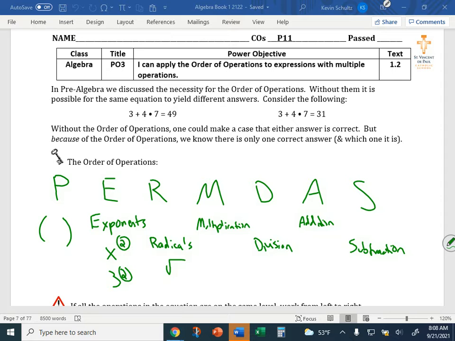So back to our two equations at the top here, 3 plus 4 times 7 and 3 plus 4 times 7. Which one's correct? Does that equal 49 or does that equal 31?